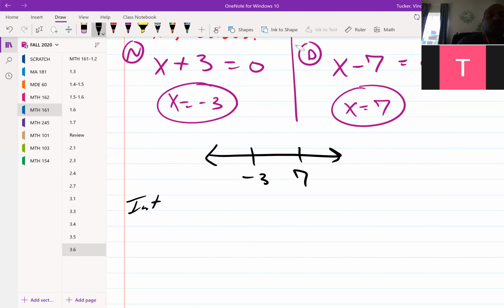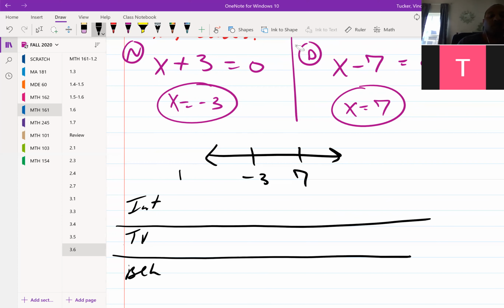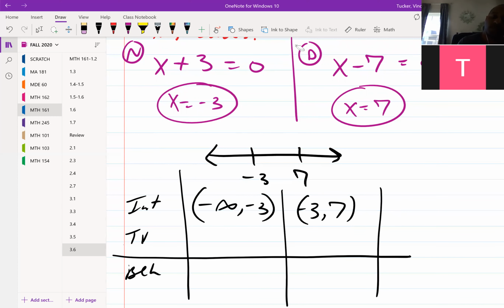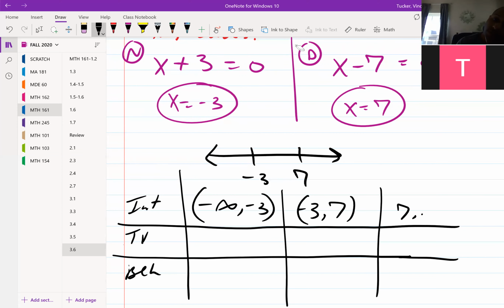We have interval, test value, and behavior. We've got negative infinity to negative 3, negative 3 to 7, and then 7 to positive infinity.